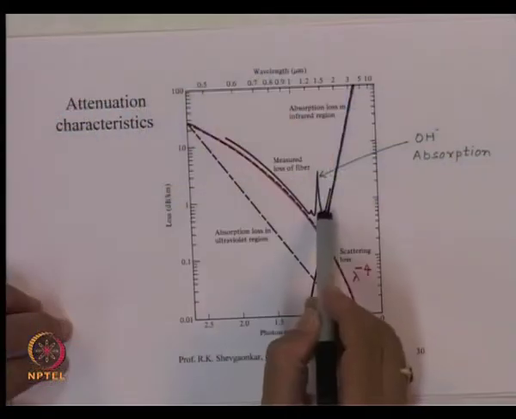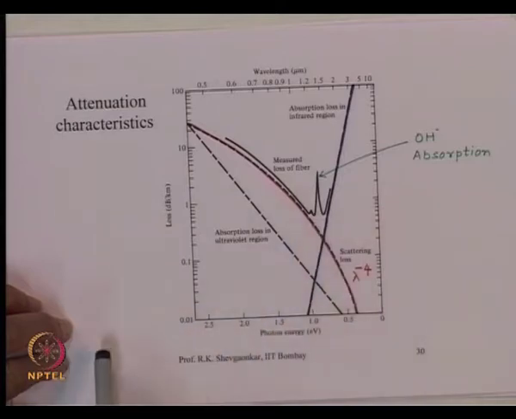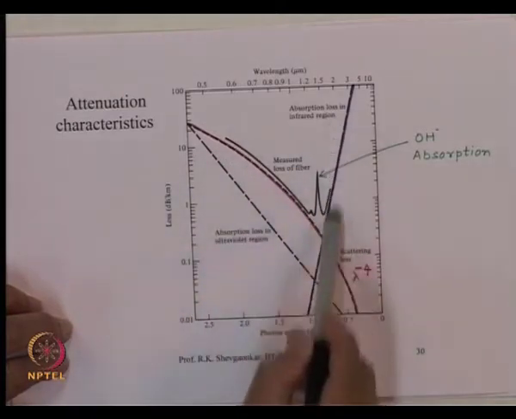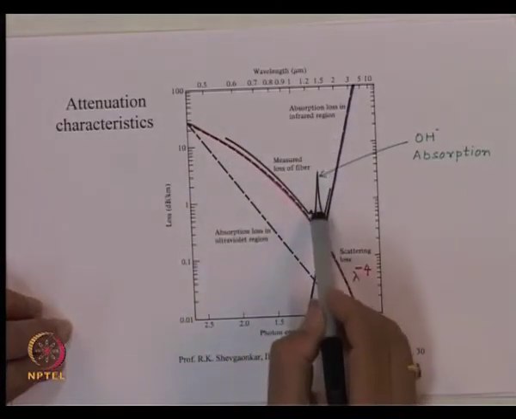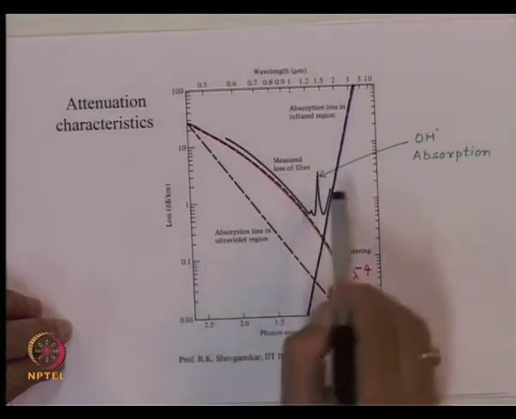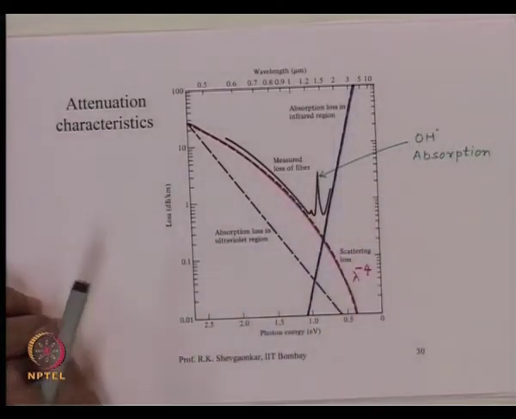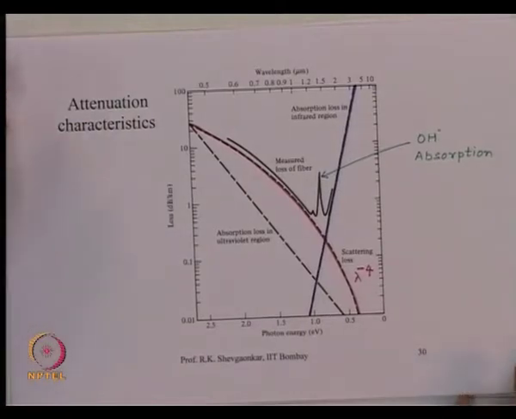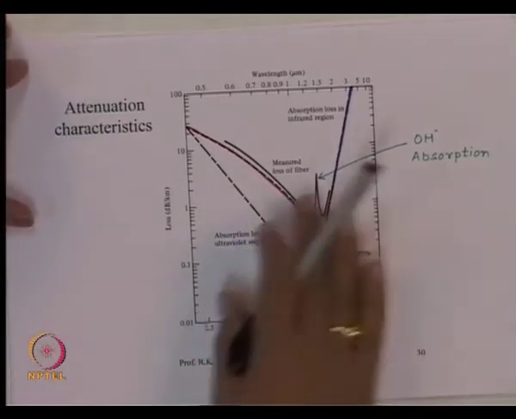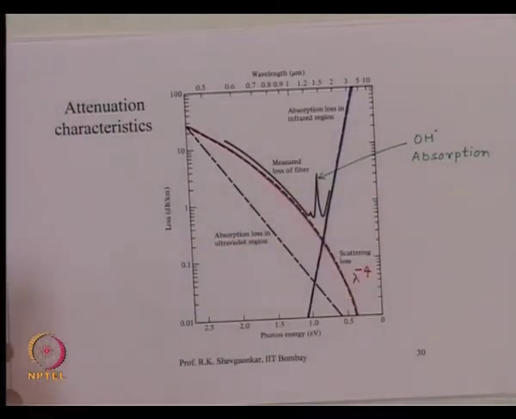And water molecule gives you the absorption peaks at various wavelengths, and one of the peak lies exactly on this valley where the loss here is minimum. So this peak which you see here, that is because of the OH absorption. Of course, now the technology has improved and people have removed this OH absorption loss.